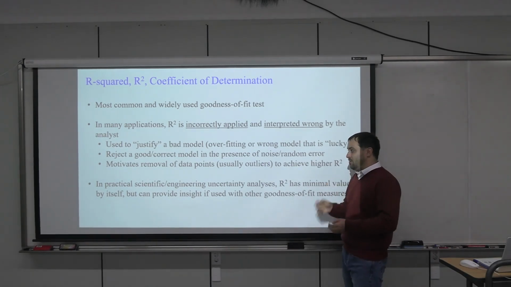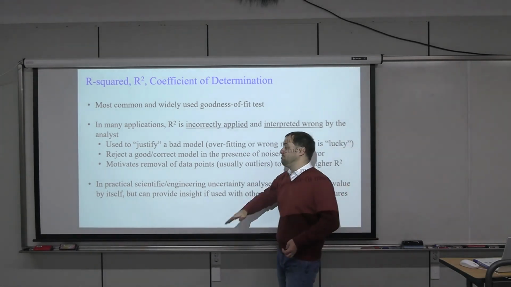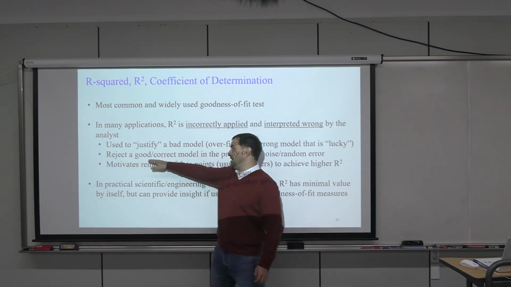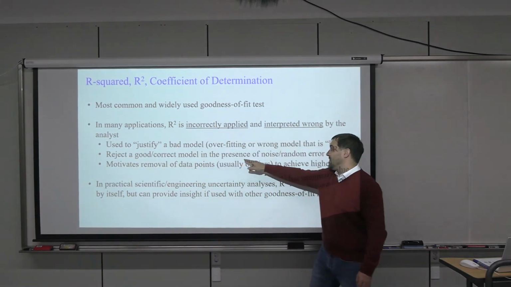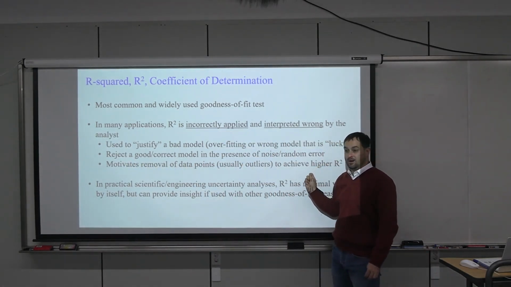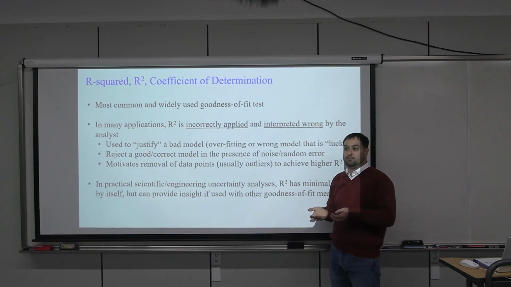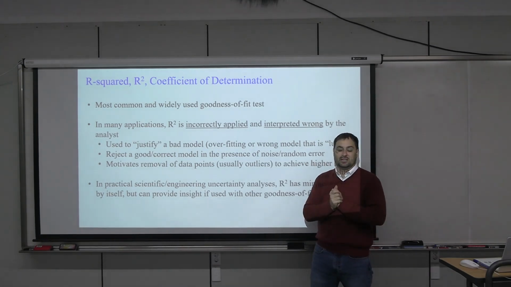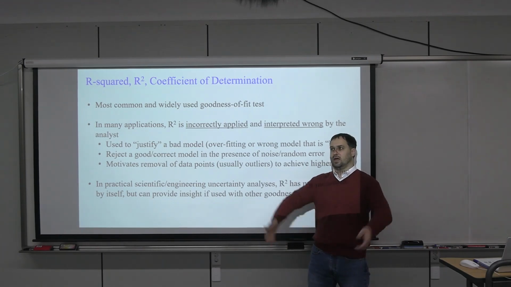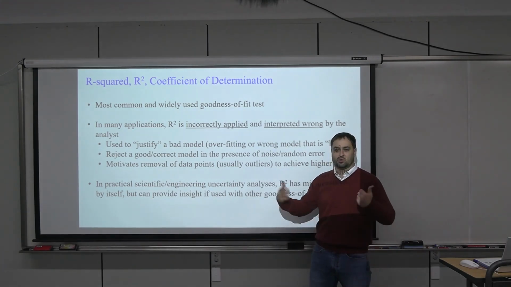On the other hand, sometimes analysts will reject a good or correct model in the presence of noise or random error. We do a simple regression, a line of best fit, and we get a very low R squared, and we say, oh, that's a bad model, the R squared is too low.